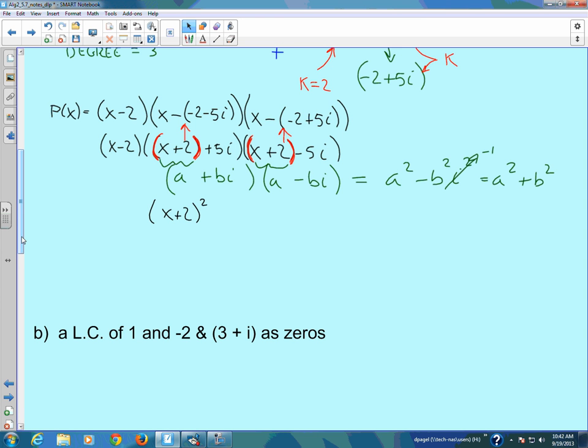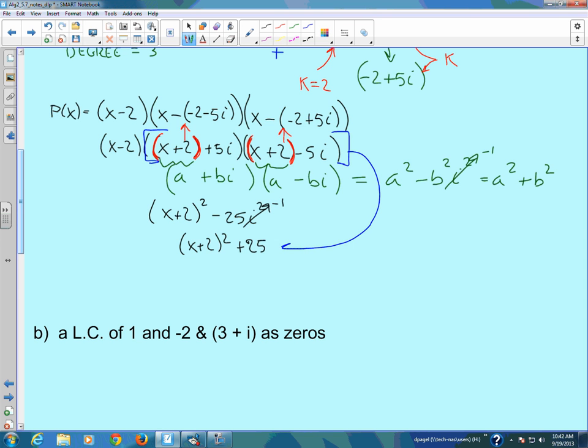We're going to take our a, which is x plus 2, and square it. Then we have our b, which is 5 and negative 5. That becomes negative 5 squared, or negative 25 i squared. Our i squared becomes a negative 1 right there. So this becomes x plus 2 quantity squared plus 25. And that is what this whole part of the problem boils down to.